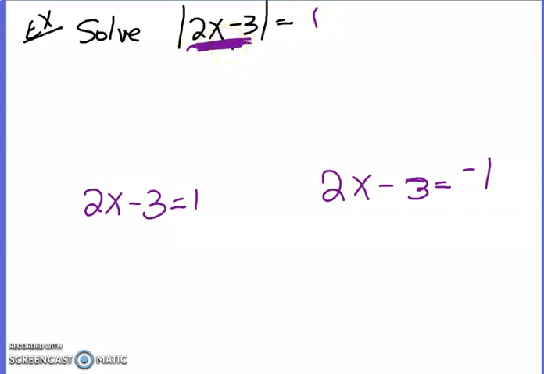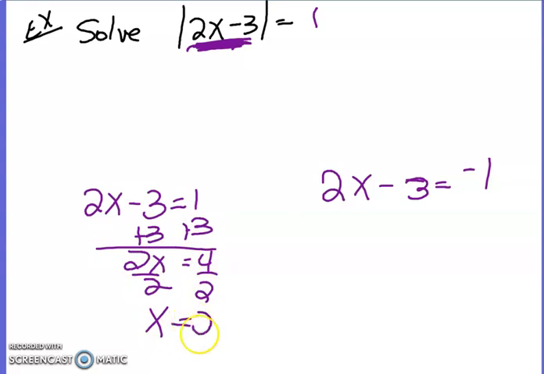So you're literally going to take that inside 2x minus 3, and you're going to set it equal to 1, and you're going to solve. And then you set the inside value equal to -1. So you're going to add 3 to both sides.